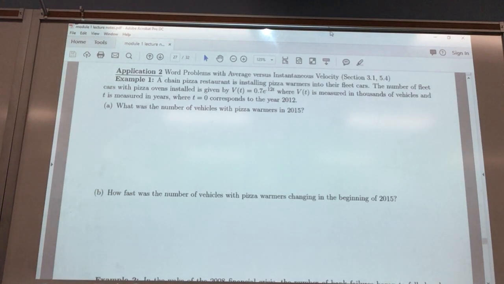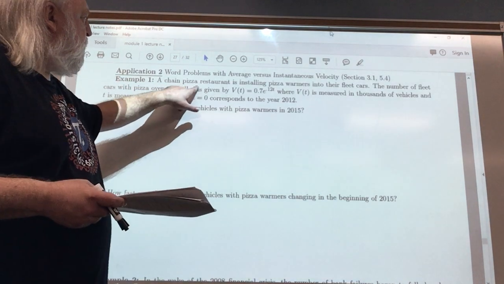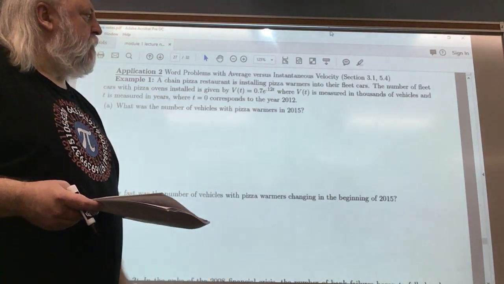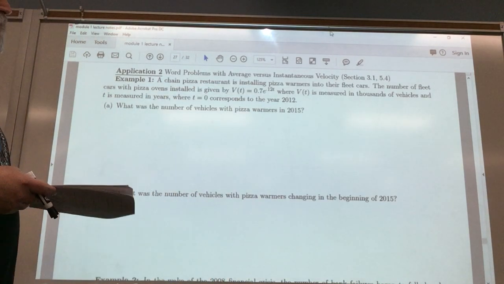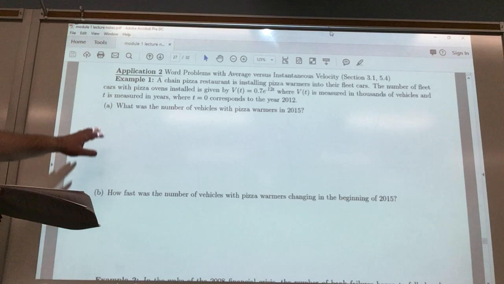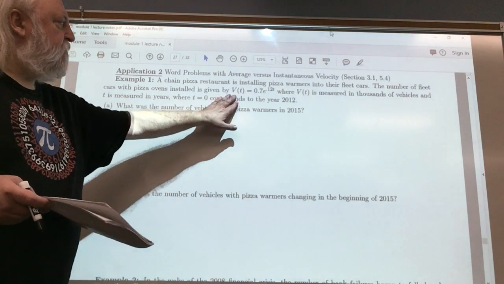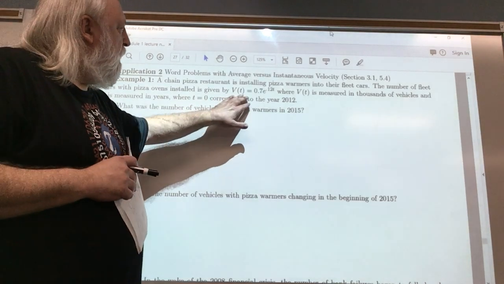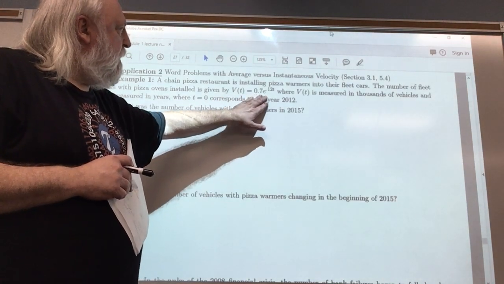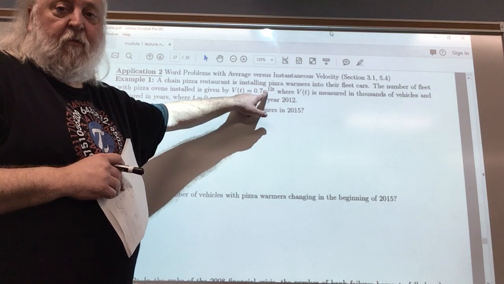So let's take a look at this first example. A chain pizza restaurant is installing pizza warmers into their fleet cars. The number of fleet cars with pizza ovens installed is given by this function. V of t is equal to 0.7 times e raised to the 0.12 t power.